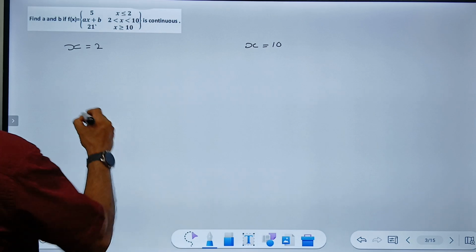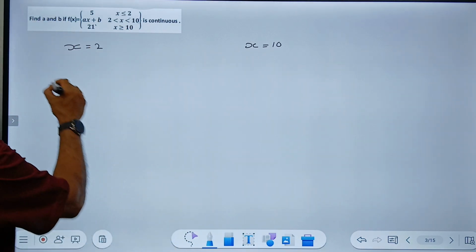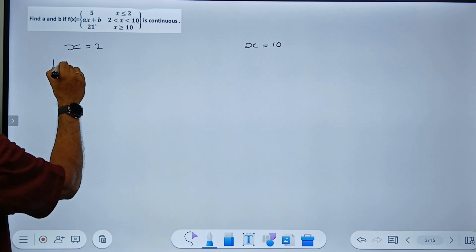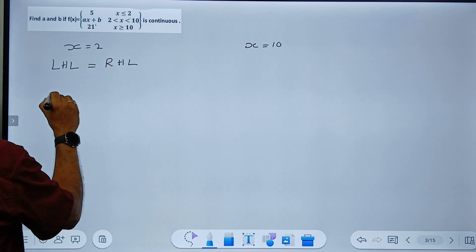Nothing goes wrong because it's already given that the function is continuous, so definitely my LHL will be equal to RHL. What is LHL?